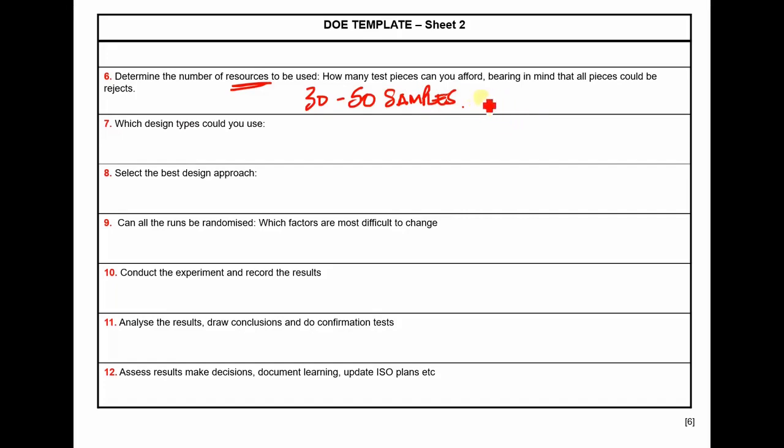Okay, so you need to assume they will all be defects. You're going to push the process around to the edge of that design space. There's a good chance that's not where the good product sits, in those corners. Everything will be defective. So you have to take that on the chin.